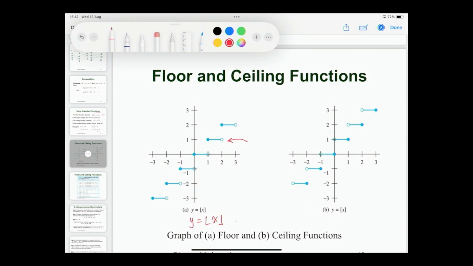Let's say when x is less than 2 and greater than or equal to 1, that's what it means, like we have a closed interval here and an open interval here. So applying the floor function, the result would be the largest integer that is less than or equal to x. So it is 1.